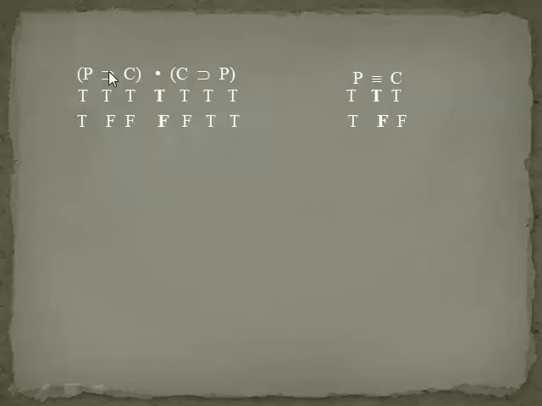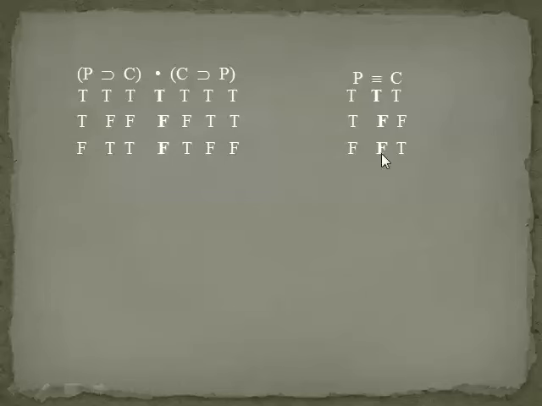So this conditional statement is false because true antecedent, false consequent yields a false statement. But here we have a false antecedent and a true consequent, so we get a true statement. Now we have to figure out the dot. Well, the dot is going to be true only if both parts are true. This part's not true. This part is true. That makes the dot false. So a triple bar statement is false if one part's true and the other part's false.